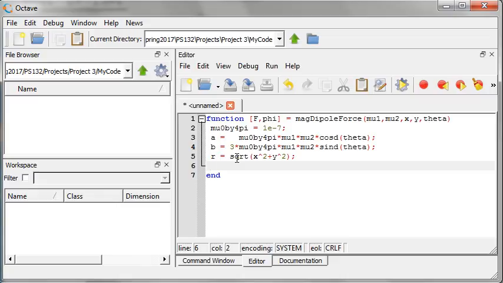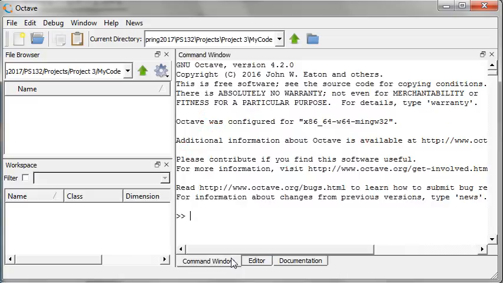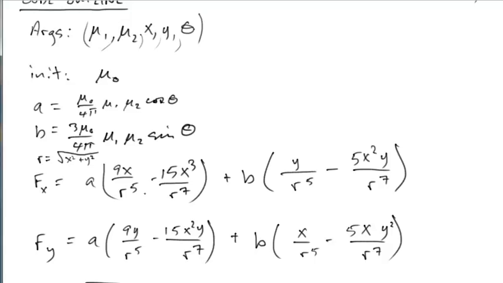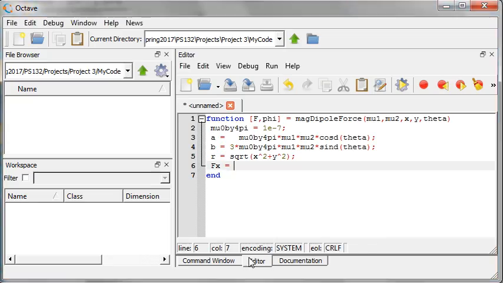We set fx equals this expression. I haven't memorized that. I've got it on a sheet of paper, so I'll read it off of there.